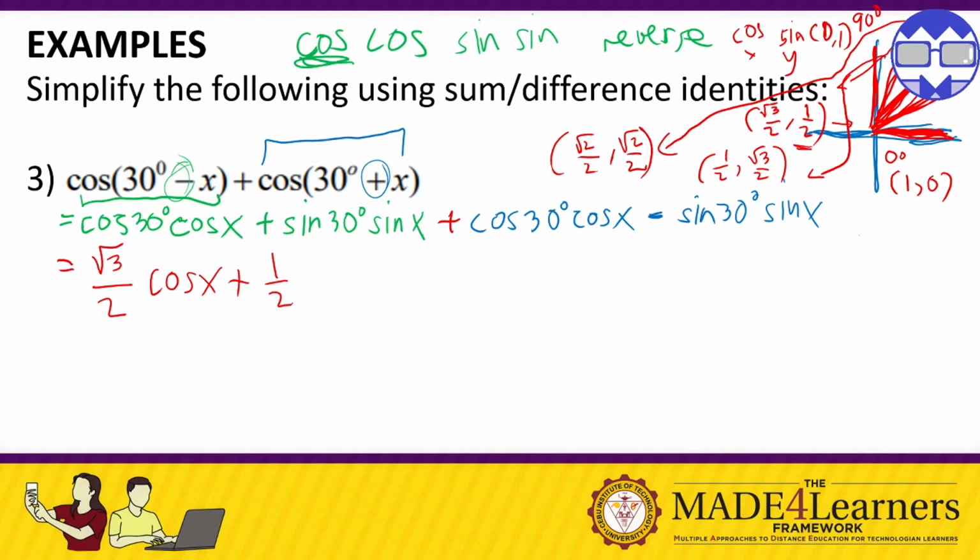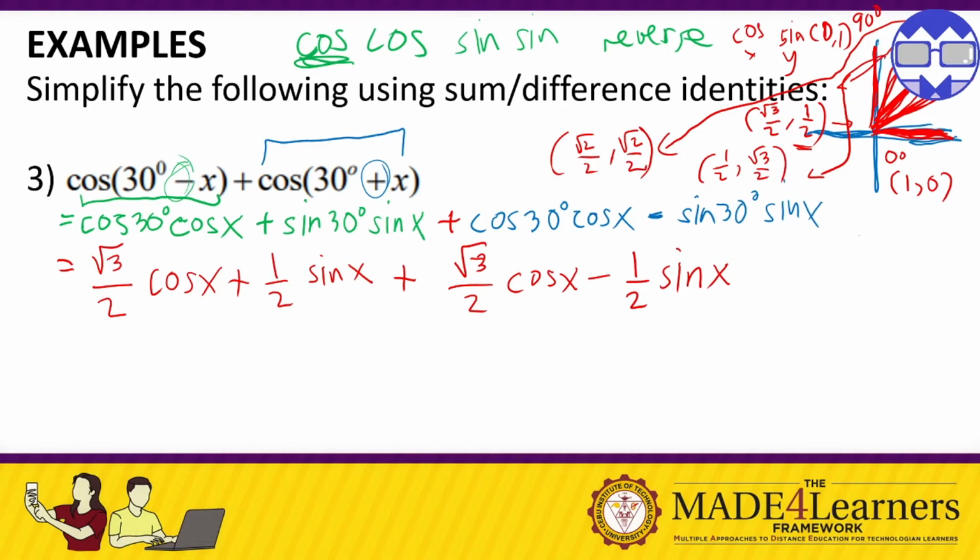So 1/2 sine x. Plus, we have cos 30 degrees again, so this is square root of 3 over 2 cos x minus sine of 30 degrees, which is 1/2 sine x. Okay, let's see if we can simplify. Oh, we can simplify something here.